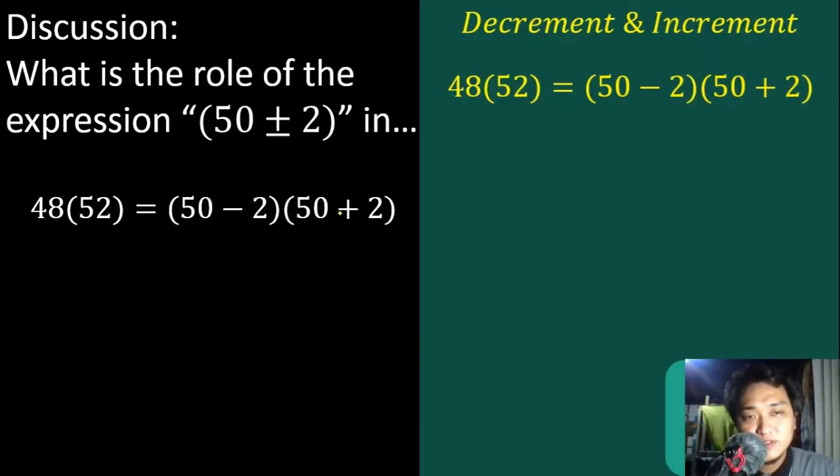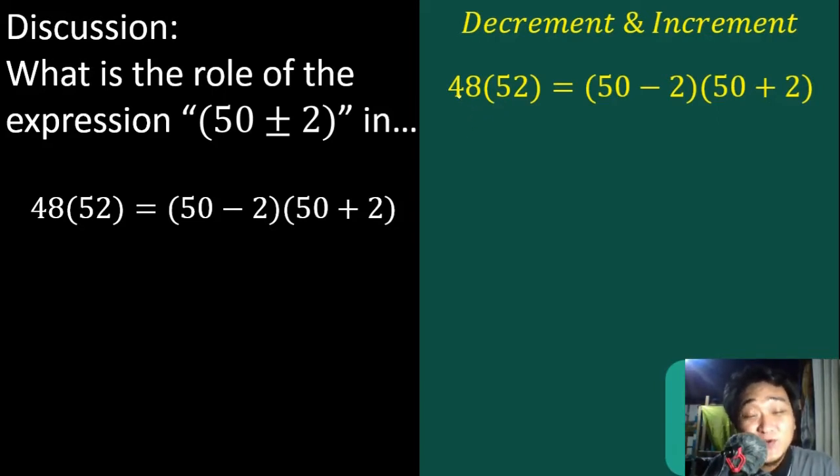So, at this point in time, tapos nyo na pong gawin yung ating, or kopyahin yung ating home quiz. Balikan ho natin yung pinag-aralan natin kanina. Yung tungkol sa decrement and increment wherein ginamit natin sila in evaluating the product of numbers. Say, if you have 48 times 52, ito yung mga klase ng number na may pattern, yung magkakalapit.